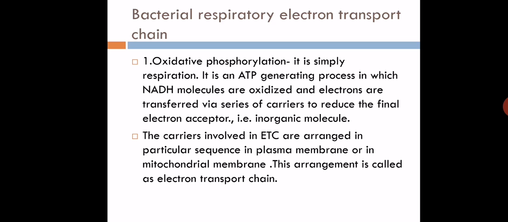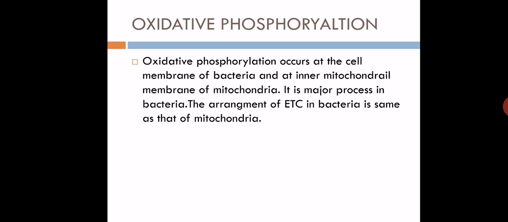This is the sequence of electron transport carriers in the electron transport chain. They are arranged in a particular sequence in the plasma membrane or in the mitochondrial membrane. Plasma membrane in a bacterial cell, mitochondrial membrane in a eukaryotic cell. This arrangement is called the electron transport chain.